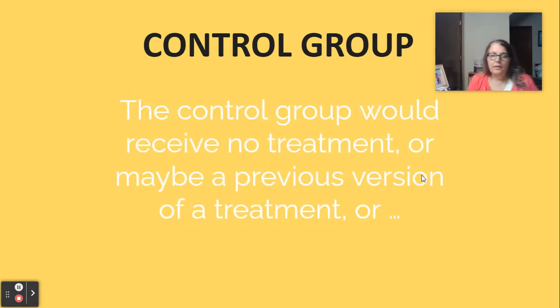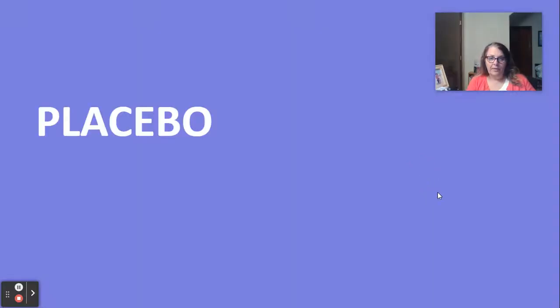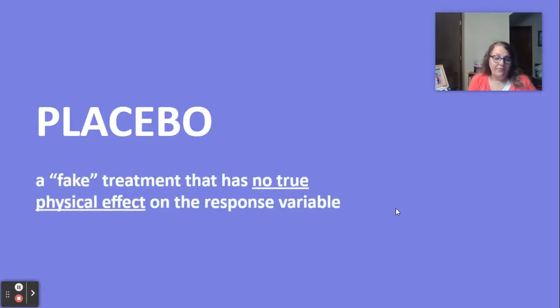Like we said, the control group would either receive no treatment, or maybe a previous version of a treatment, or a placebo. And I'm sure you've all heard of the placebo. A placebo is basically a fake treatment that has no true physical effect on the response variable. With a new medication, your placebo could be a pill that looks the same, or maybe an injection.